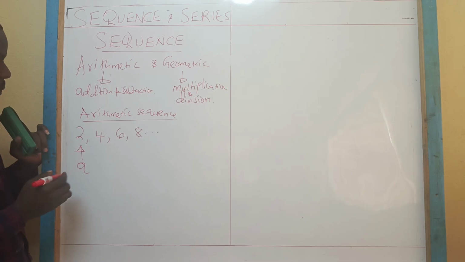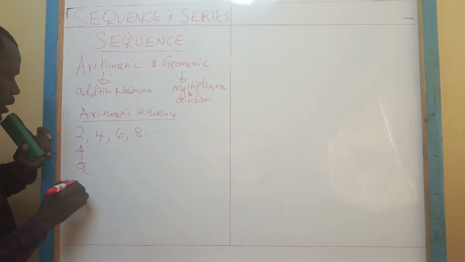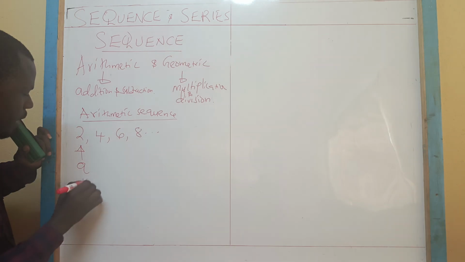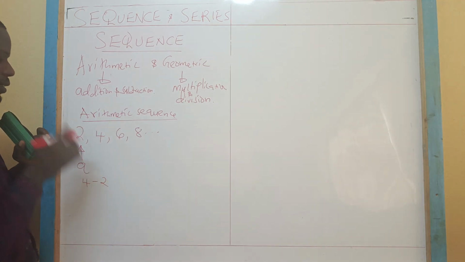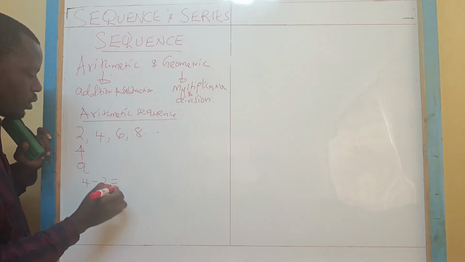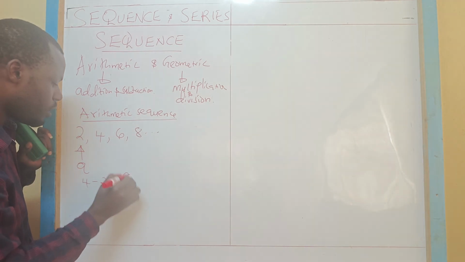Then for the difference, 4 minus 2, which means second term minus the first term, we'll have what we call the common difference, which is 2.